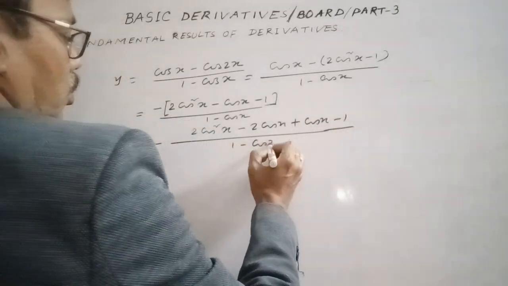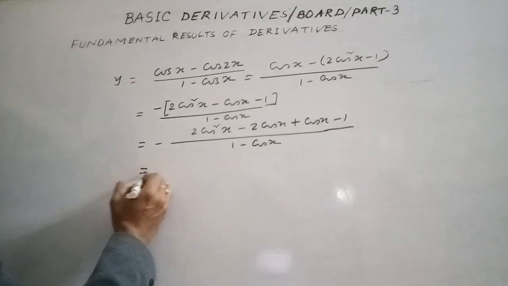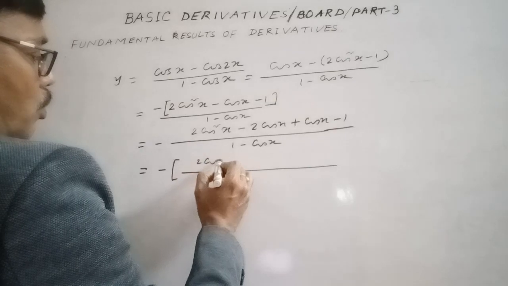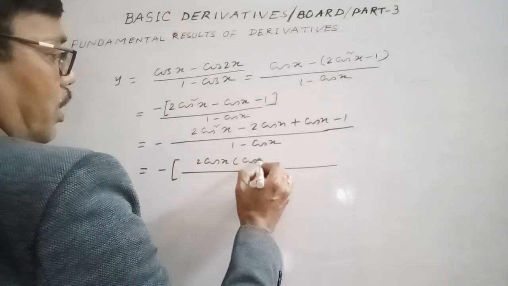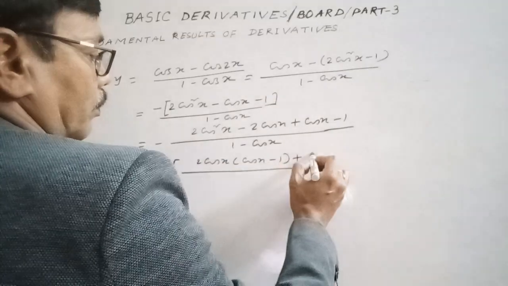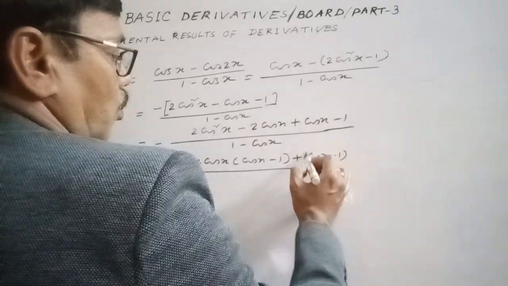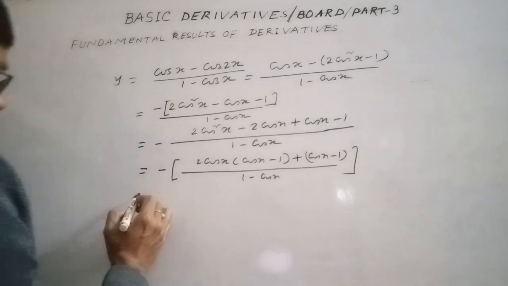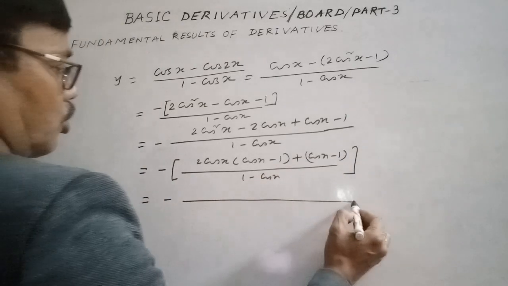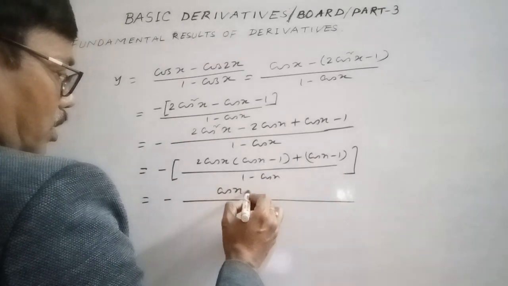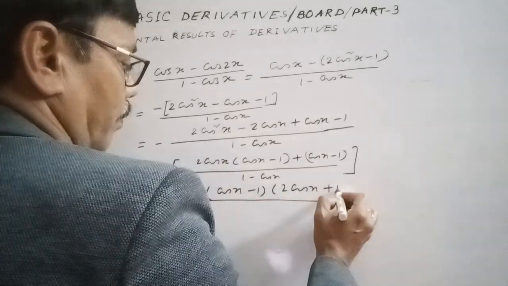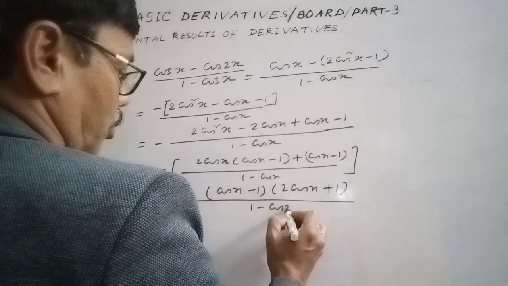Minus outside, 2 cos x common, cos x minus 1, so minus cos x minus 1, 2 cos x plus 1, by 1 minus cos x.